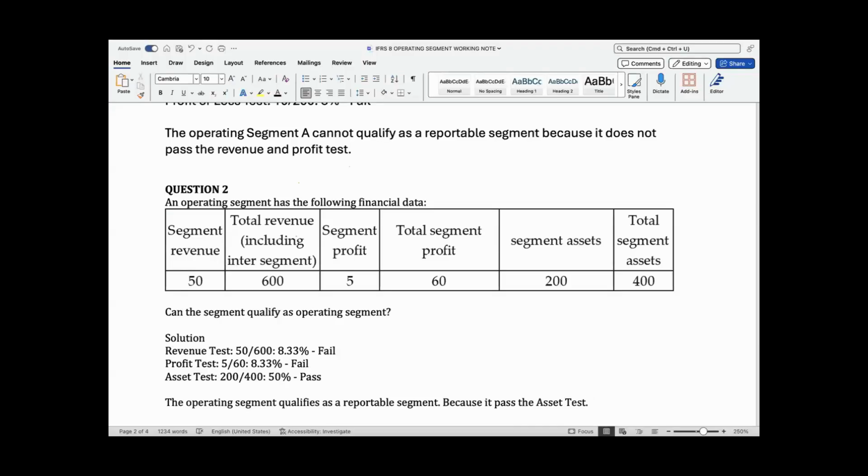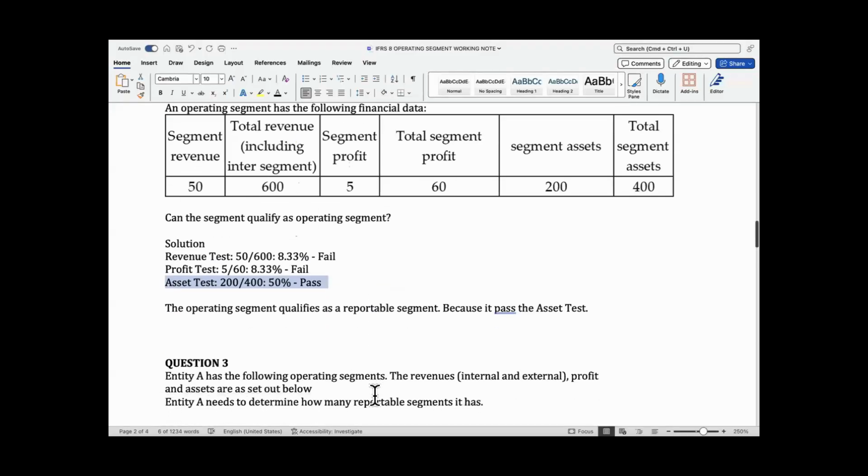You can see that even though it only passed the assets test, it still qualified. It only needs to pass just one of them, not everything. As soon as it passes one, that's all. It is a reportable segment. You can go ahead and prepare segment information on that particular segment.